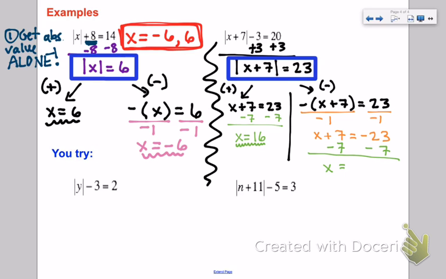X equals -23 minus 7 is -30. So that is my second solution. So when I write my solutions at the top, I will say x equals -30 and 16.